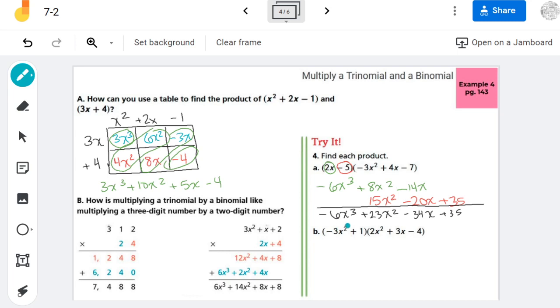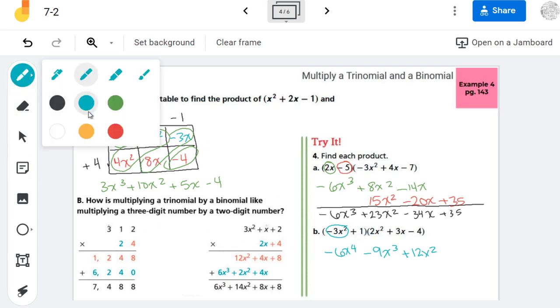Here we go. Negative 3x squared times each one. Negative 3x squared and 2x squared is negative 6x to the fourth. Negative 3x squared and 3x makes for negative 9x cubed. And negative 3x squared and negative 4 makes for a positive 12x squared. So there aren't any gaps yet.